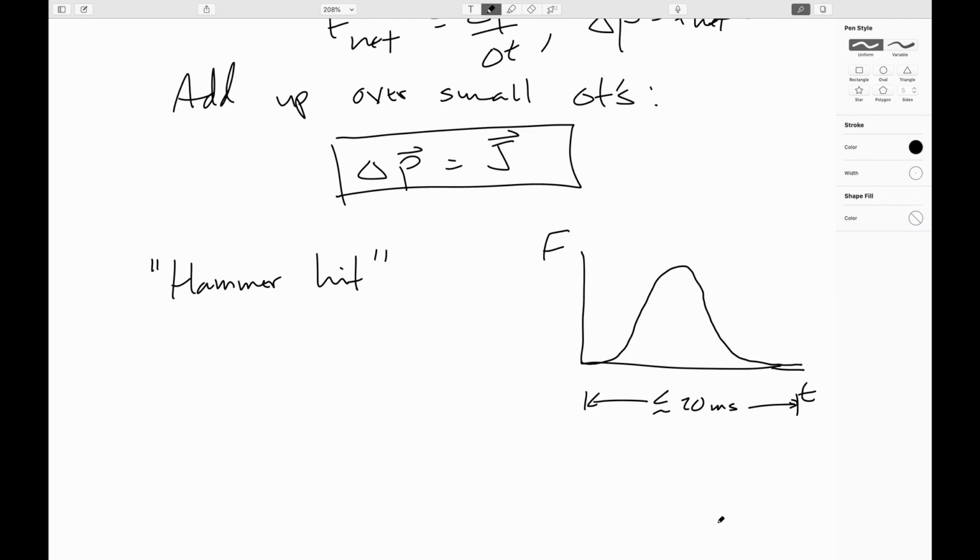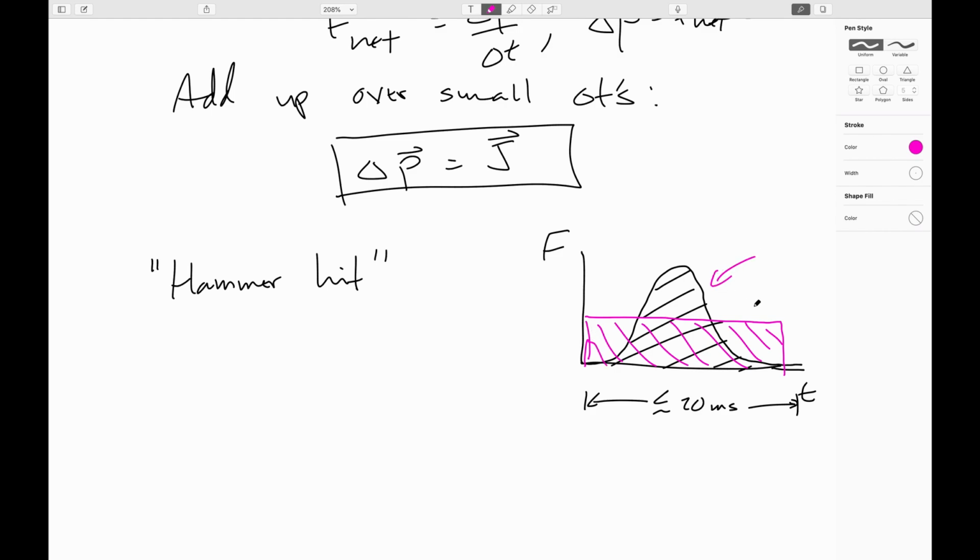But let's say you're designing a tennis racket or something like that, and you need to at least have a number that you can hang your hat on to try to come up with some sense of an average force. Well, a sensible way to define an average force for an event like this would be to say it's one that over the same period of application wound up giving me the same impulse.